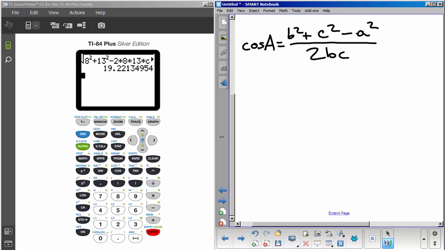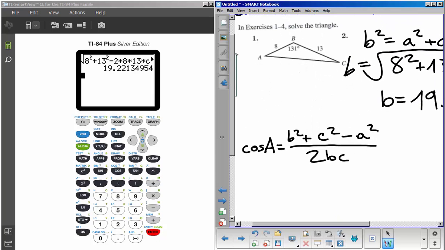So you're going to use the inverse cosine, and you're going to plug in all those values that you had earlier.